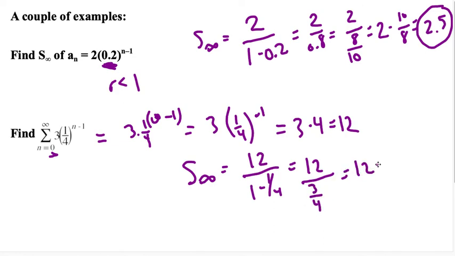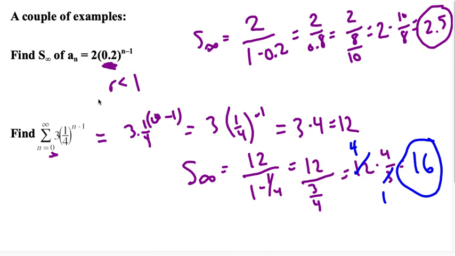That's the same as 12 times 4/3, conveniently enough. 3 goes into 12 4 times, so it reduces, and 4 times 4 is 16. So the sum of this particular series is indeed 16. That's it.